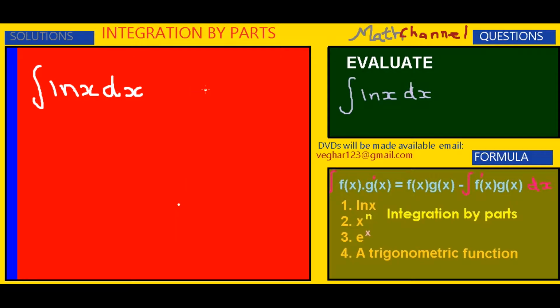Here we come up with this: you cannot integrate ln x, so obviously this one is f of x, and then 1 follows after f of x.